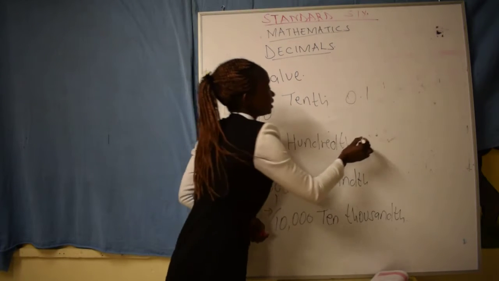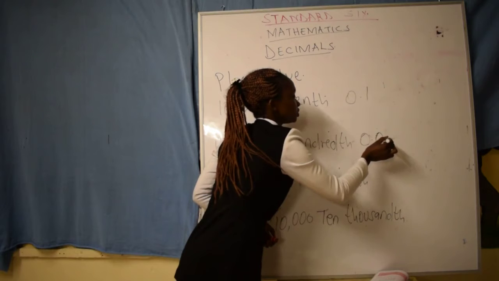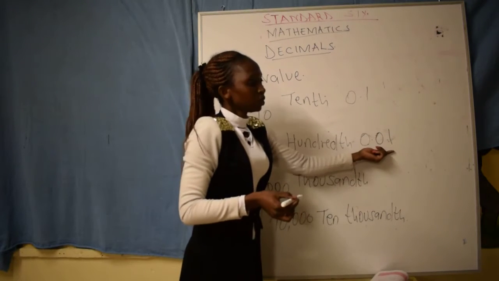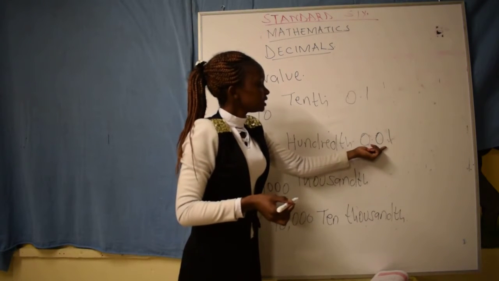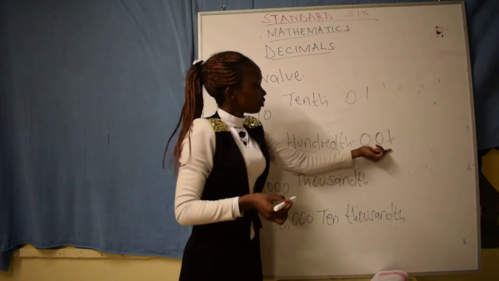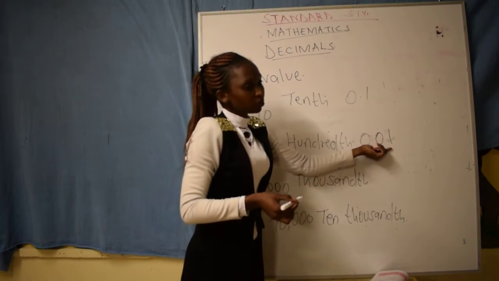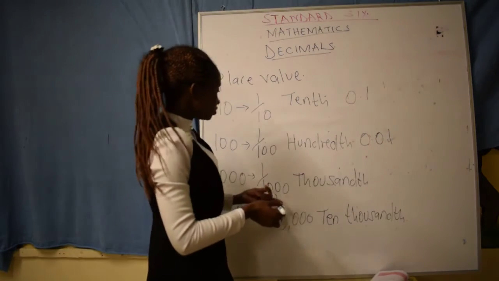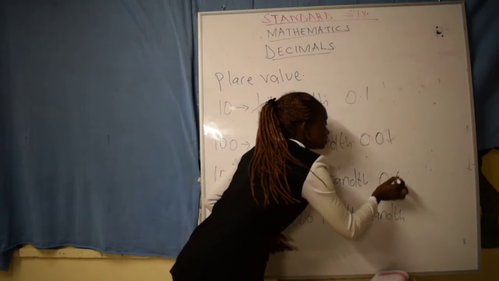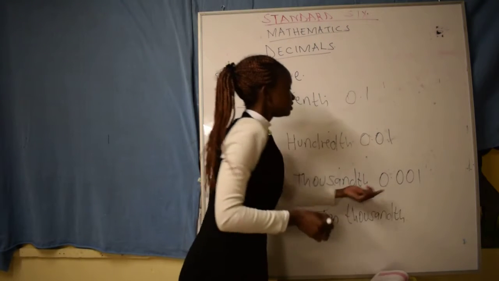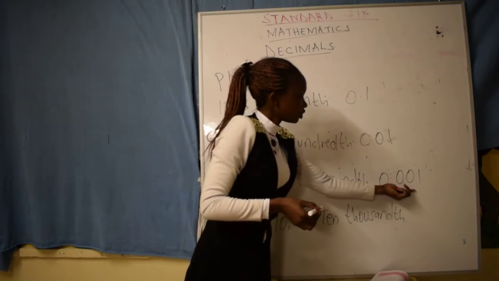Then a hundredth is written as 0.01. It has two digits after the decimal point, therefore it has two decimal places. Then a thousandth is written as 0.001, 3 digits after the decimal point.